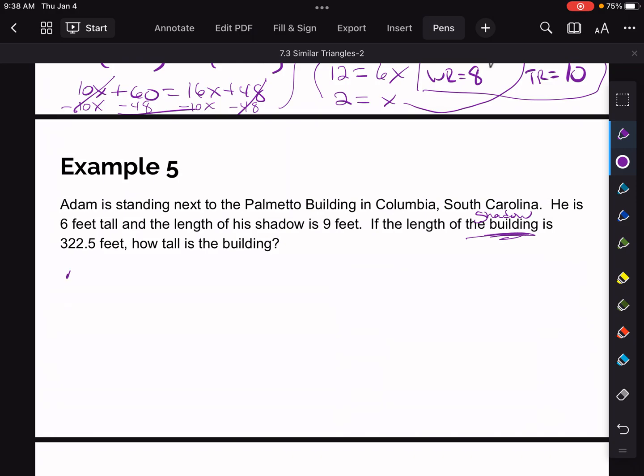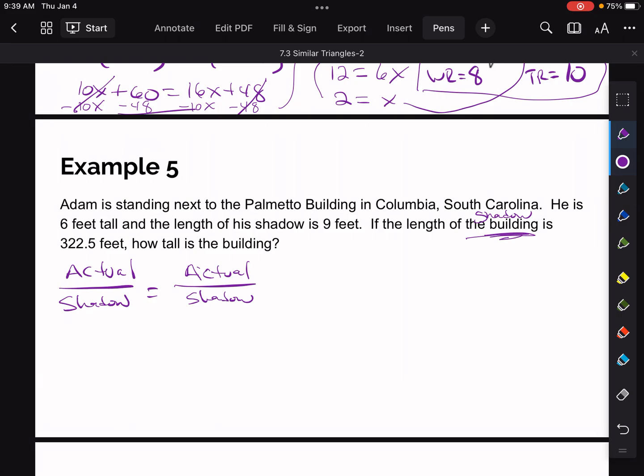So here's a little hint: you want to make sure that you do the actual length over shadow, and set that to equal the actual length over the shadow. So set up the proportion correctly. That's just a way of showing that it's the same piece on both numerator and denominator there.